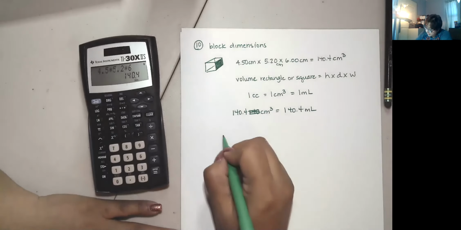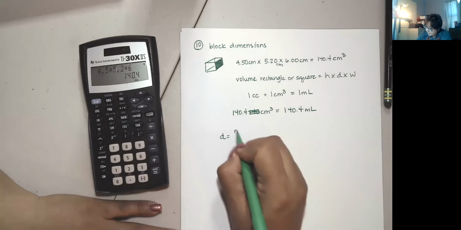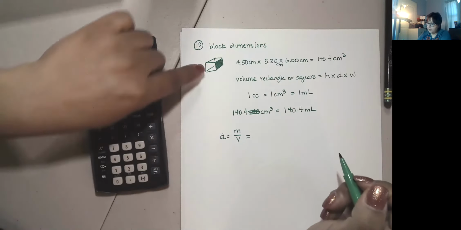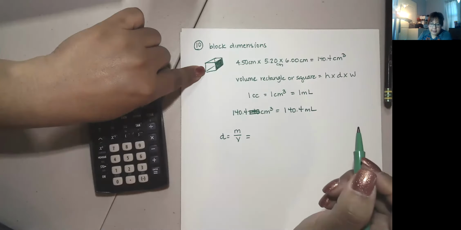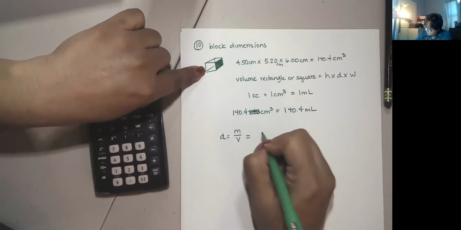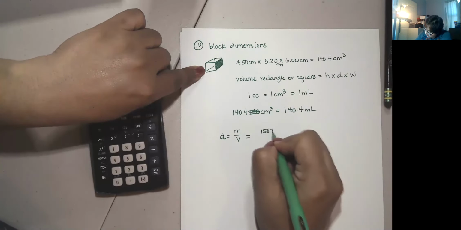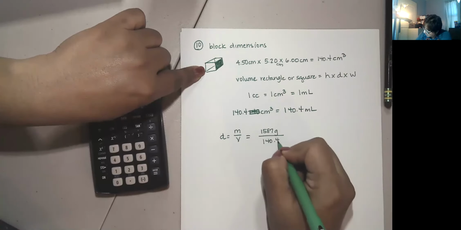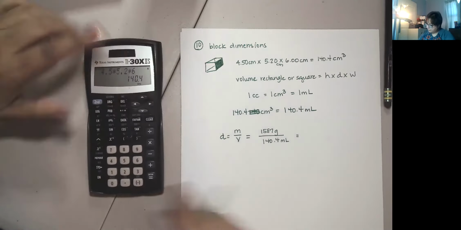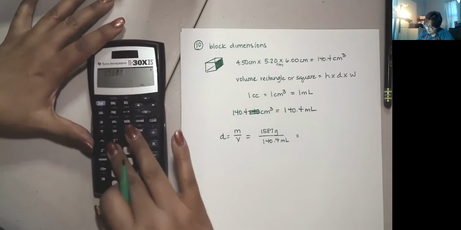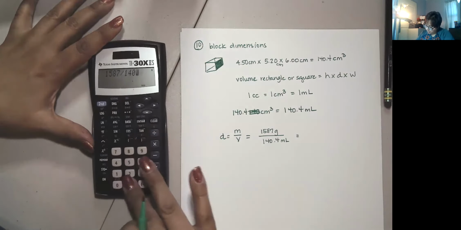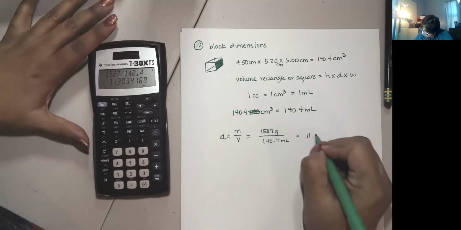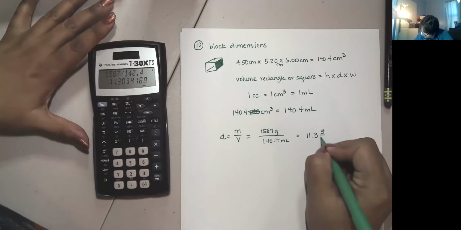And so now for the density, all we need is the mass because we have the volume. And according to the problem, this block of lead has a mass of 1587 grams and a volume of 140.4 mLs. So 1587 divided by 140.4 is equal to 11.3 grams per ml.